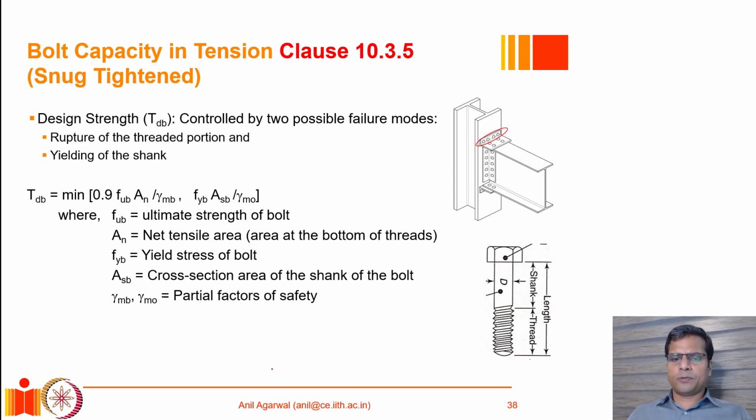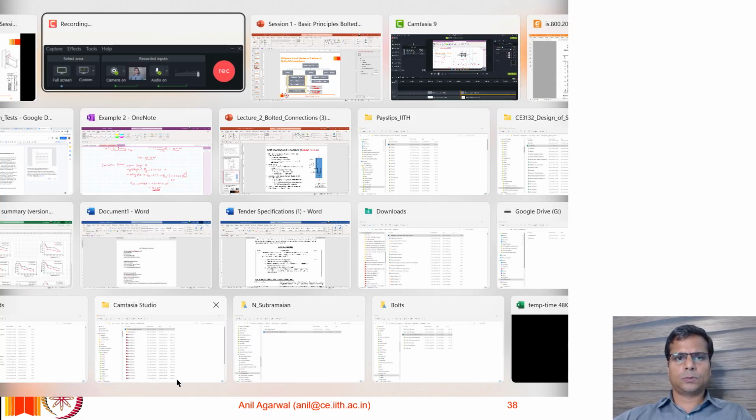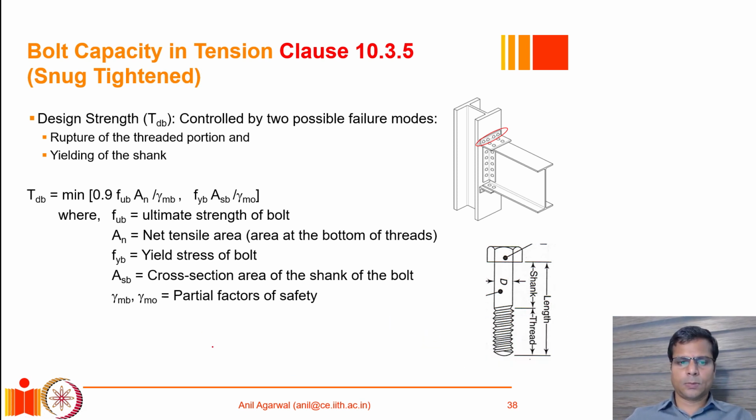Before we go into the details of the design provision, you might recall from the basics of the design of steel members in tension, that when we have a steel plate that is subjected to tension, if it has a uniform cross section like the one that is shown here, the strength of this plate in tension is given by cross section area multiplied by Fy divided by gamma m0.